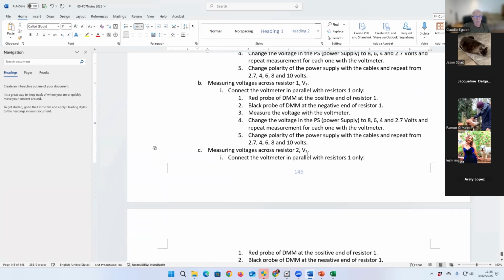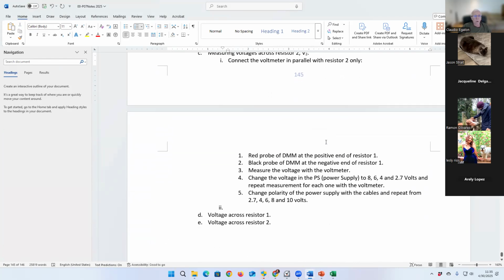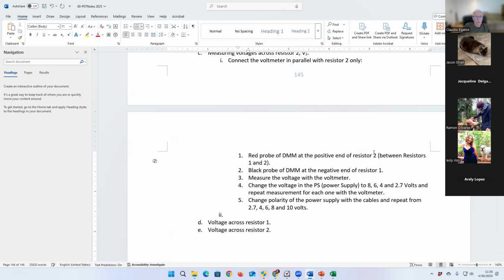Resistor 2, measuring voltage across the resistor 2, V2. Connect the voltmeter in parallel with resistor 2 only. Okay, it's not plural, it's singular. Red probe of DMM at the positive end of resistor 2 between resistors 1 and 2.